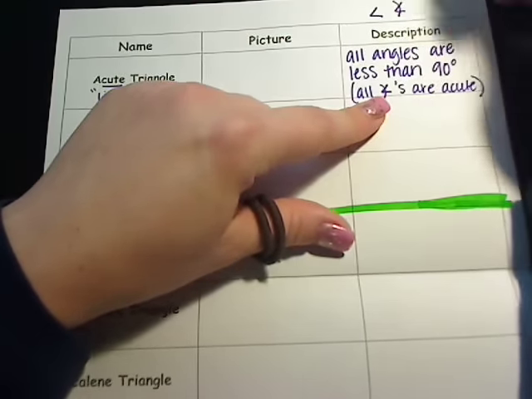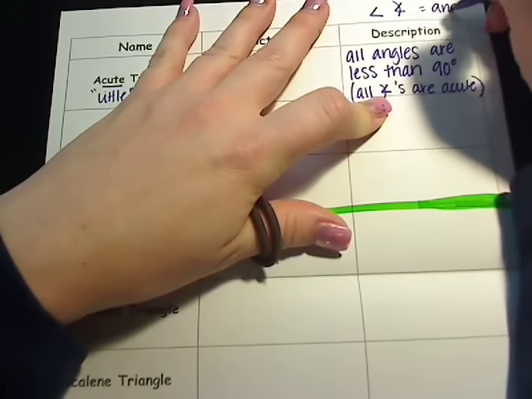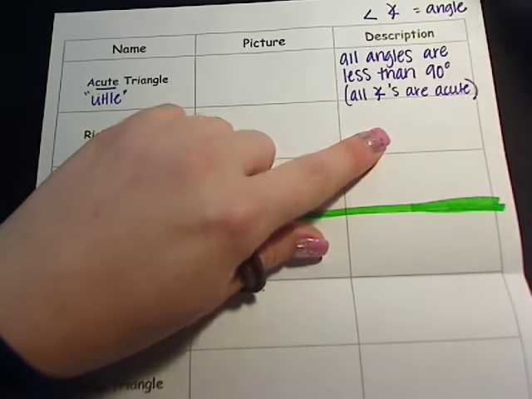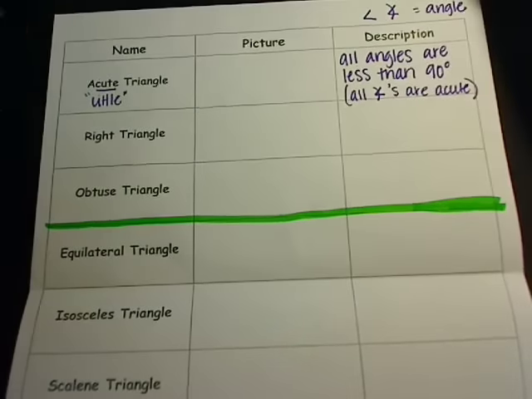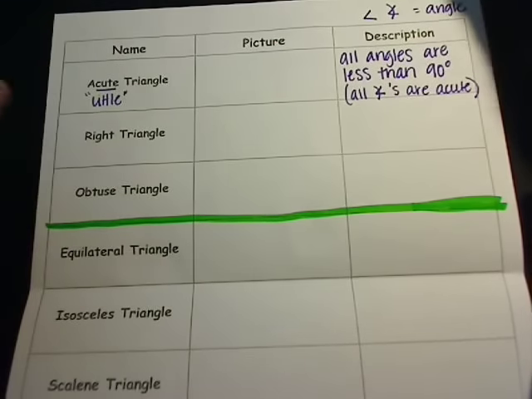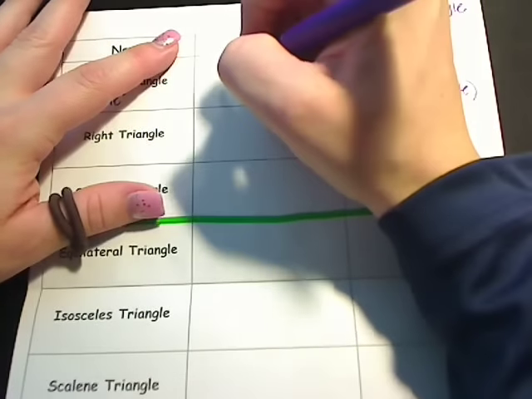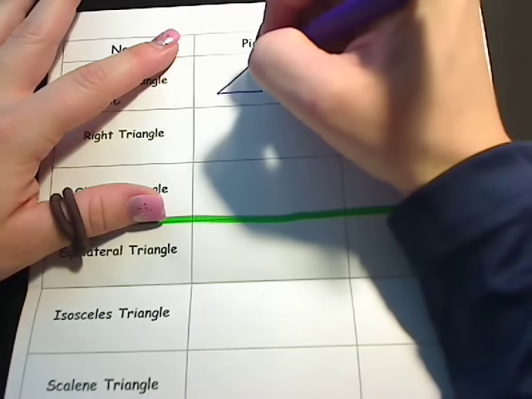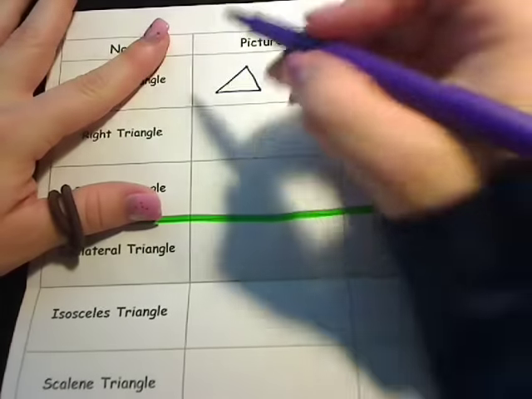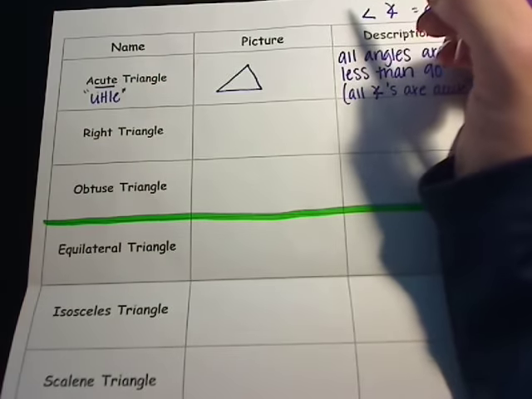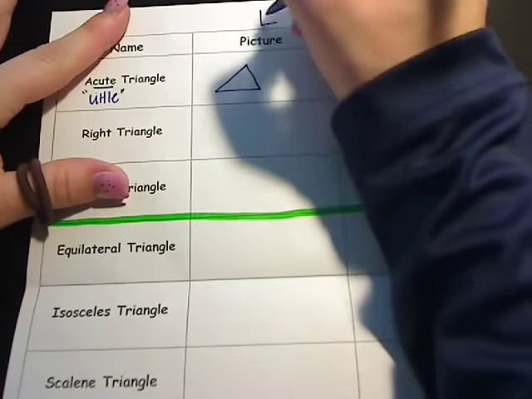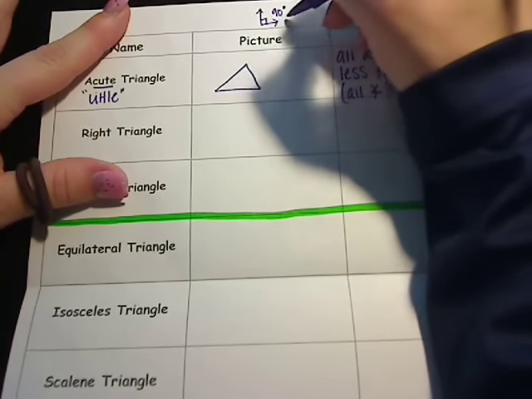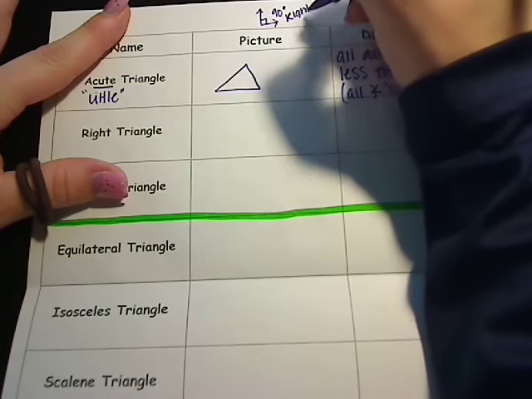Those both mean angle. So all angles are acute, or they're less than 90 degrees. They're cute little angles. If I were going to draw an acute triangle, it may look something like this. All those angles are less than 90 degrees. Remember, 90 degrees is a right angle.